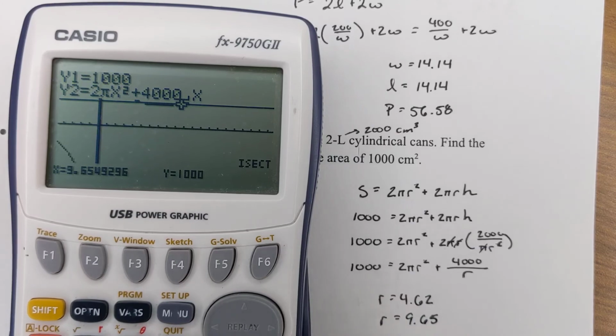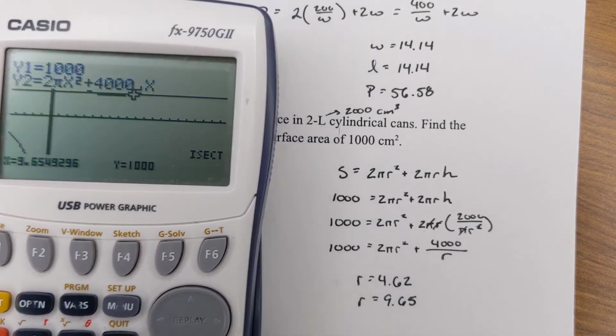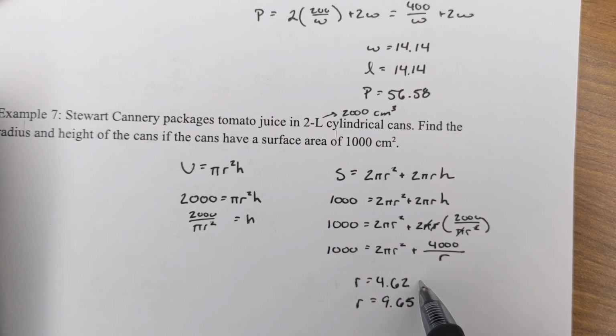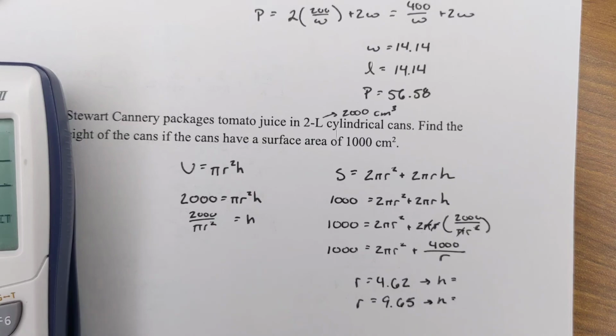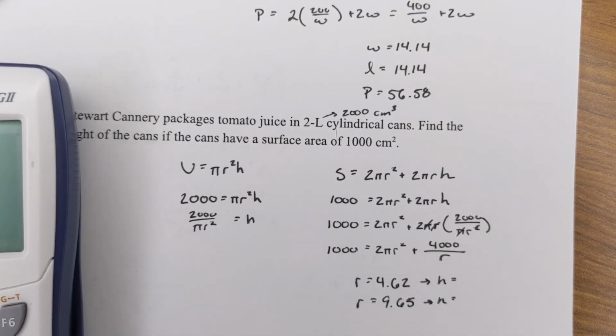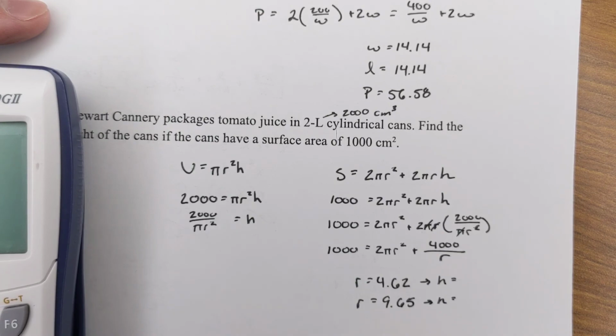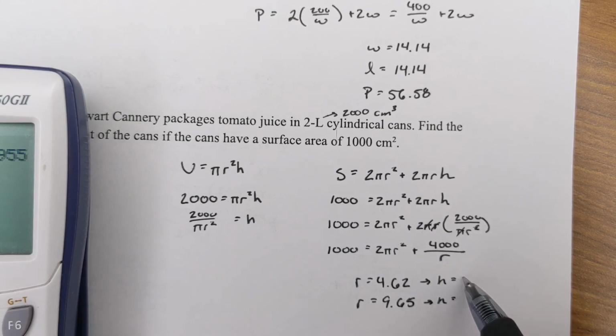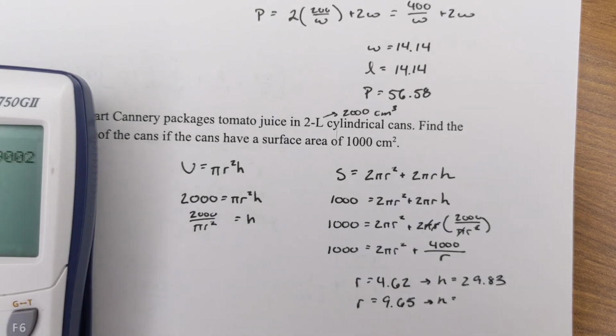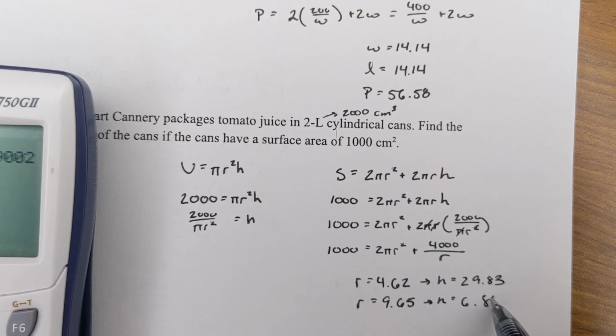So there are 2 possible radii. To find the heights that go with them, I'm just going to plug them back into this equation. So 2,000 divided by pi times 4.62 squared is 29.83, and if it's 9.65 for the radius, it's 6.84.